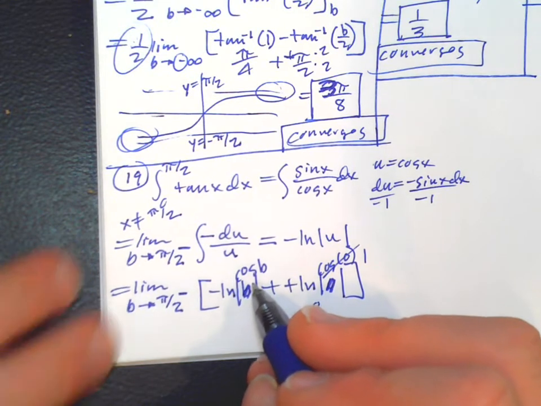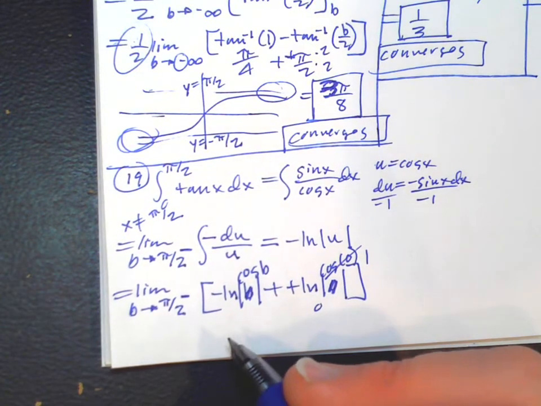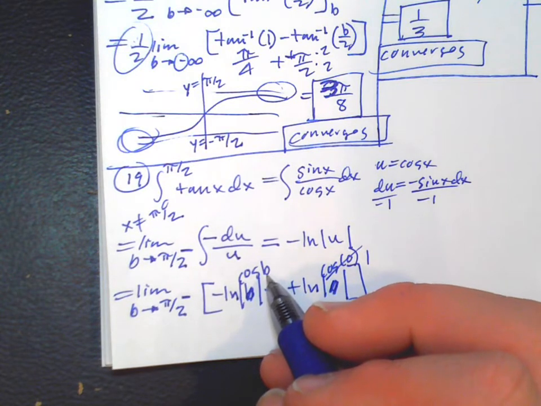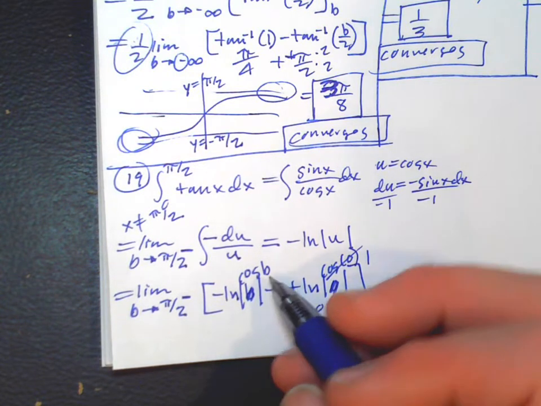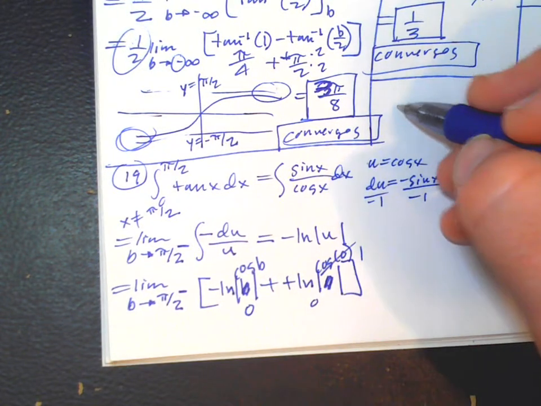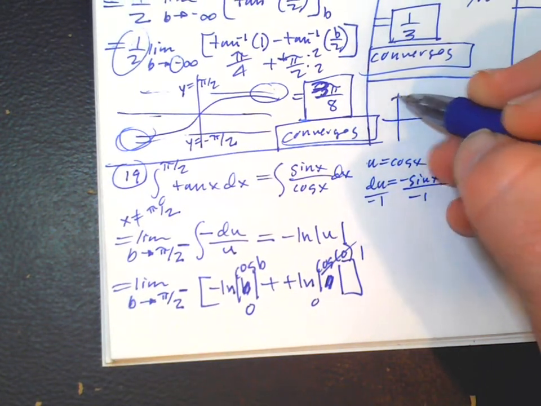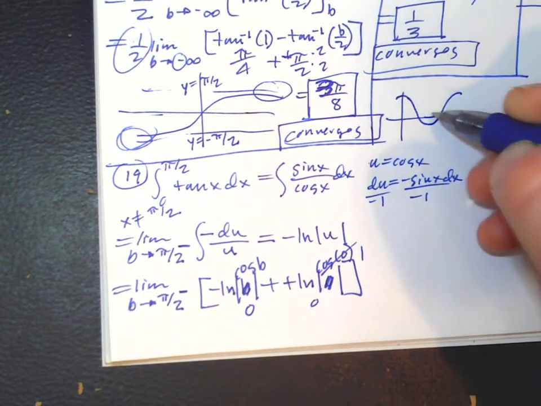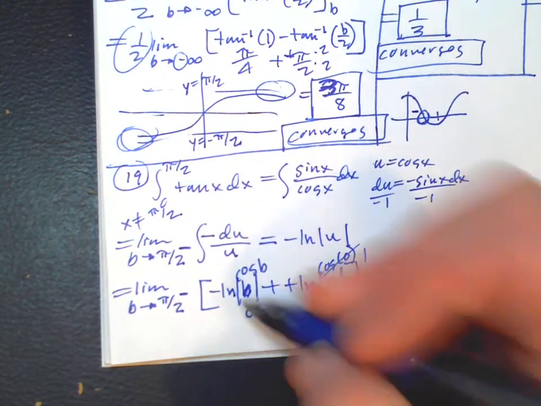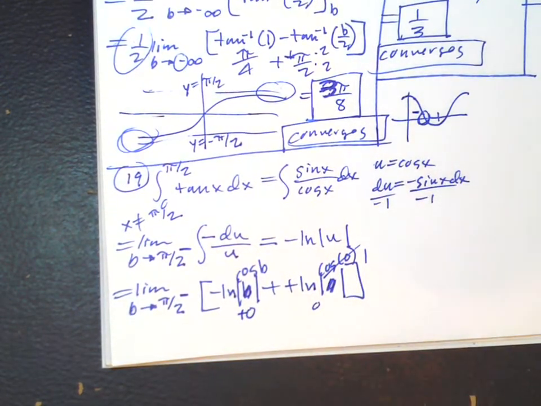As you approach pi over 2 from the left, cosine of b is approaching a value of 0. Just imagine what the cosine curve looks like. So we're approaching pi over 2 from the left-hand side, so it's going to be positive, which is fine, since it's an absolute value.